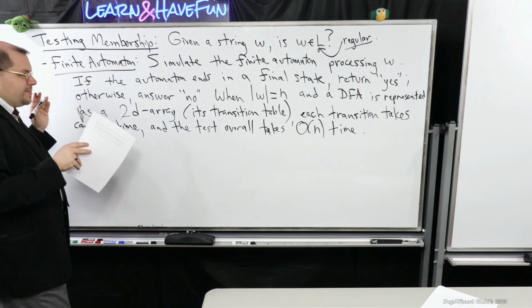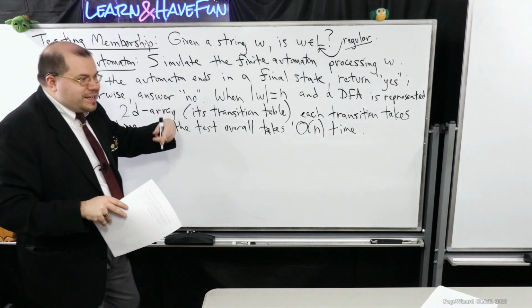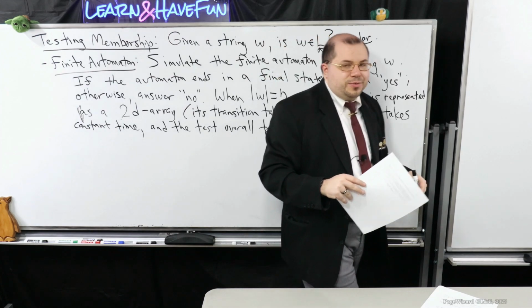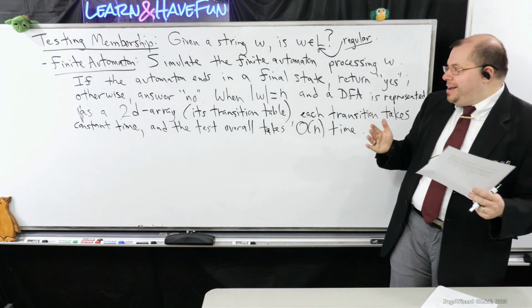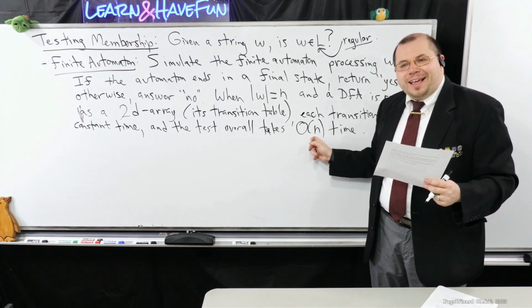So this is quite natural, right? Because we read each symbol one after the other, and so we transition to another state, but notice that the execution is completely dependent on the length of the string.